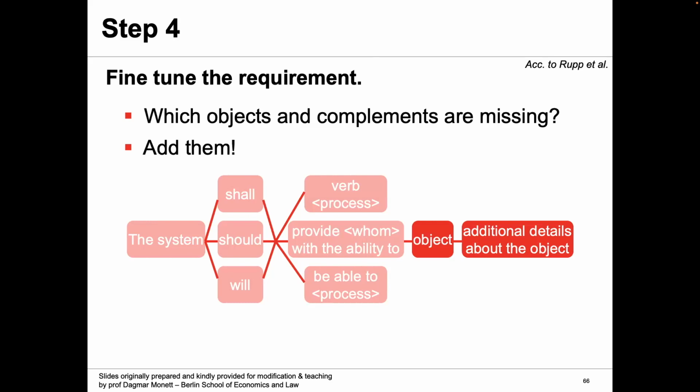It needs to have someone, like a user or an interface, to interact with, and there should be a process involved in it to fulfill that functionality.